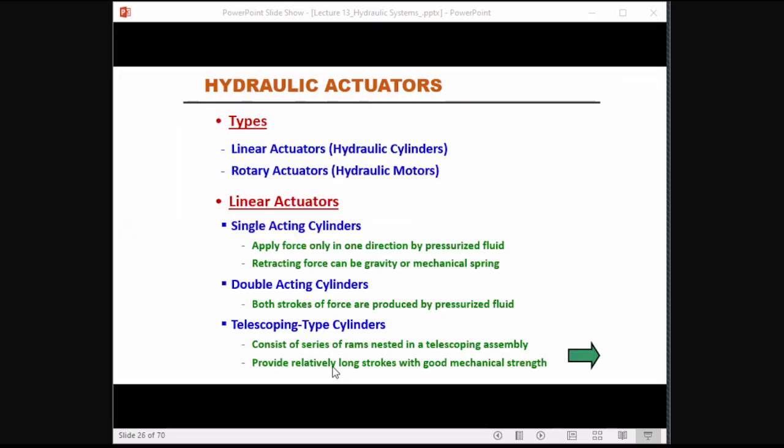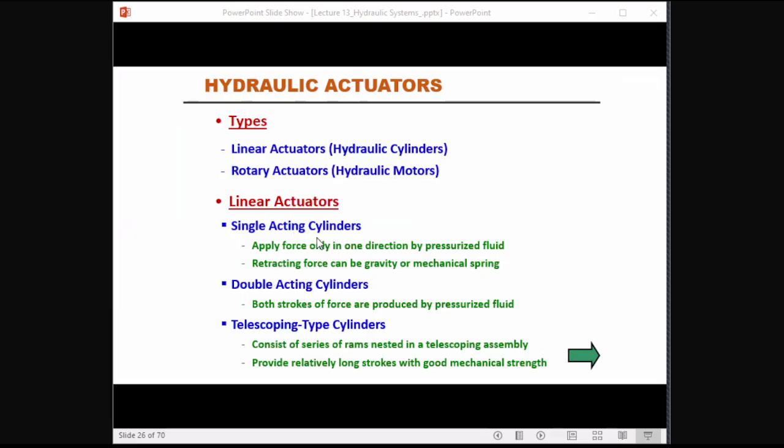Okay, then telescopic type cylinders we can see. There are three types: the first one is the single acting cylinder, double acting cylinder, and telescoping type cylinder.